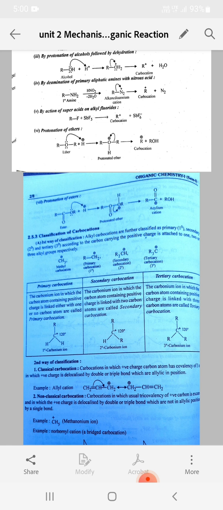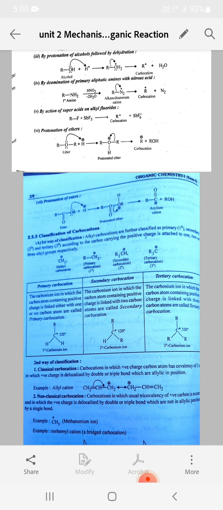Secondary carbocations, the carbonium ion in which the carbon atom containing the positive charge is linked with two carbon atoms are called secondary carbocations. Talking about the tertiary carbocations, carbonium ion in which the carbon atom containing positive charge is linked with three carbon atoms are called tertiary carbocations.